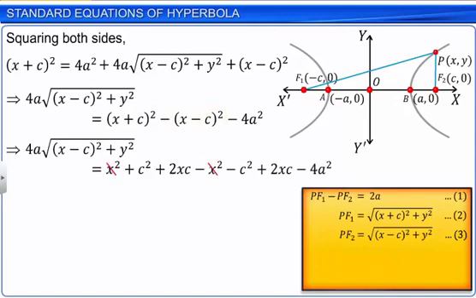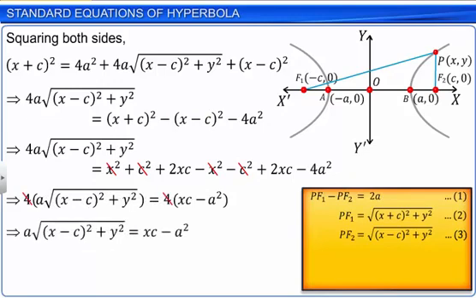On simplifying, we get under root (x minus c) whole square plus y square is equal to c upon a into x minus a.